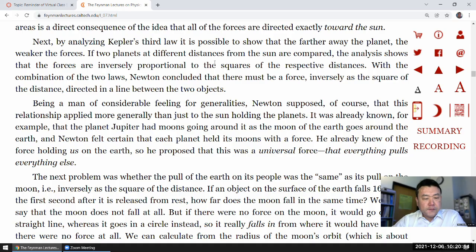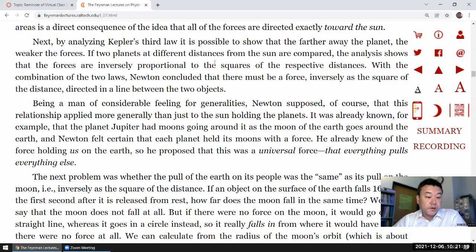Being a man of considerable feeling for generalities, Newton supposed, of course, that this relationship applied more generally than just to the sun holding the planet. It was already known, for example, that the planet Jupiter had moons going around it as the moon of Earth goes around the Earth, and Newton felt certain that each planet held its moons with a force.